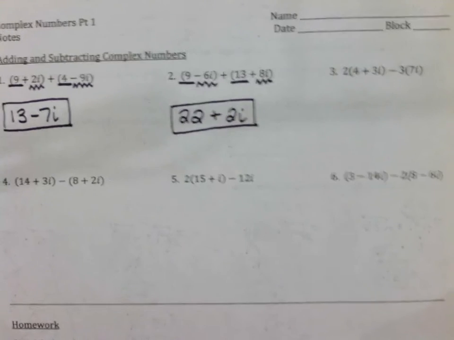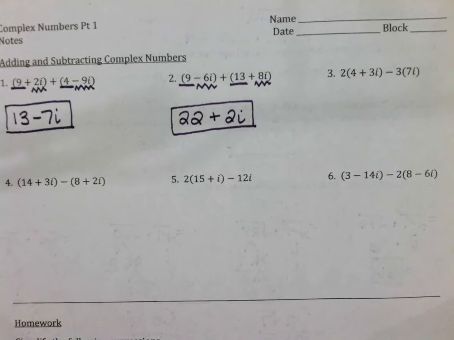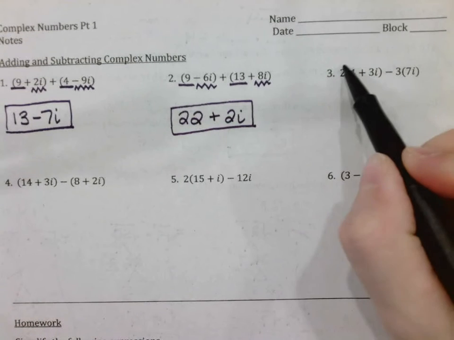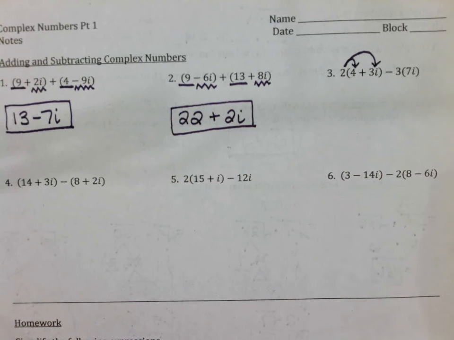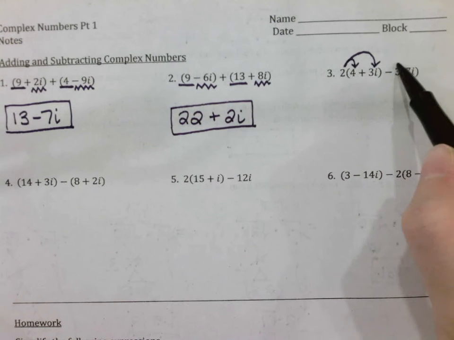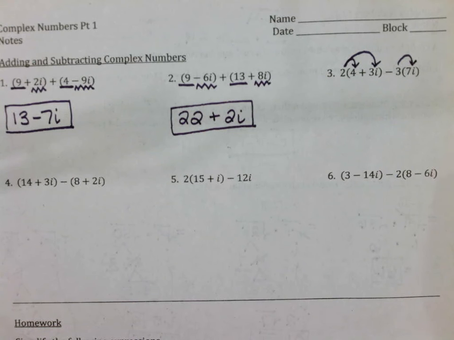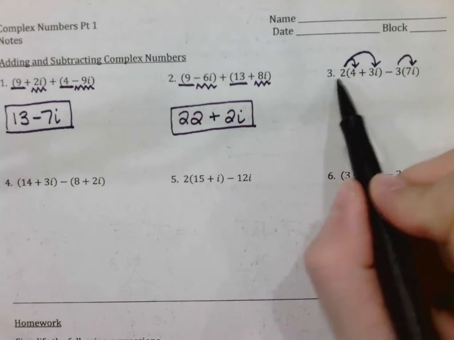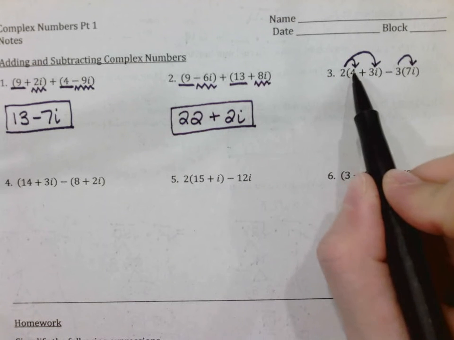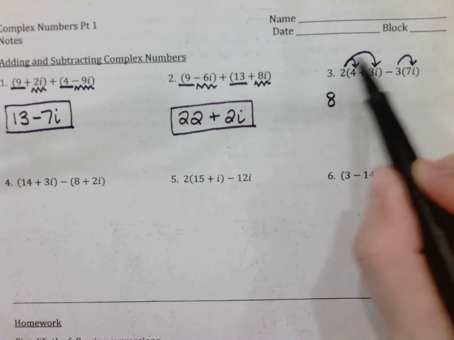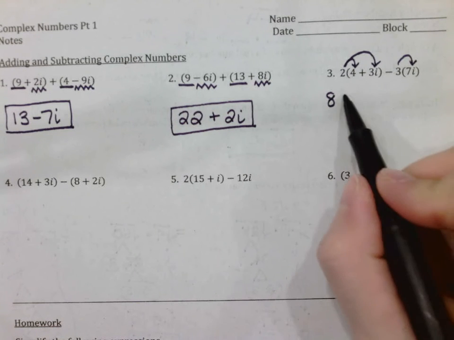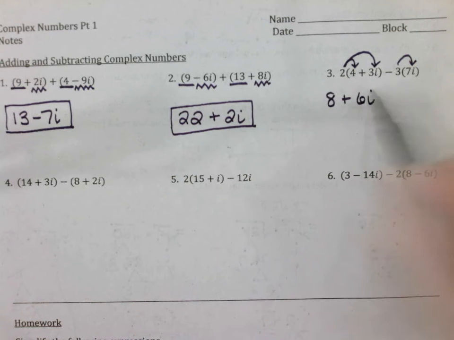Okay, for number 3, we have to distribute. We have to distribute this 2 out in front to everything in the parentheses. And then this -3, we're going to have to multiply by the 7i. Okay, so 2 times 4 gives me 8. 2 times 3i gives me a +6i.